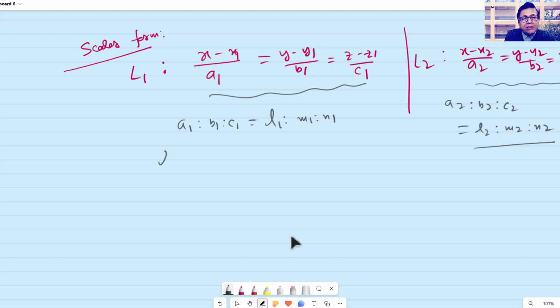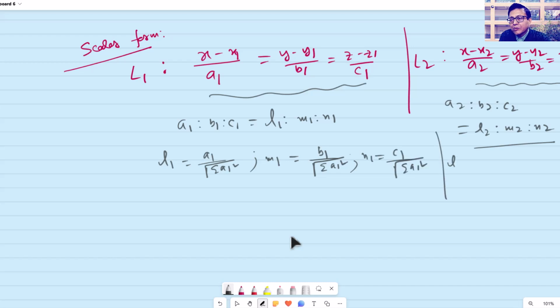You just write l1 equal to a1 by under root sigma a1 square, where sigma a1 square is a1 square plus b1 square plus c1 square. m1 is b1 by under root sigma a1 square and n1 is c1 by under root sigma a1 square. l2 is a2 by under root sigma a2 square, m2 is b2 by under root sigma a2 square, n2 is c2 by under root sigma a2 square.